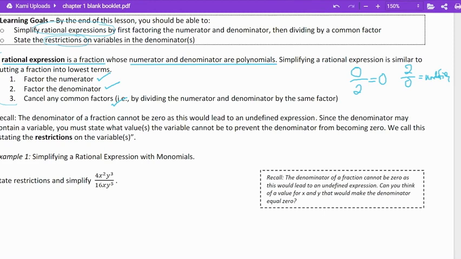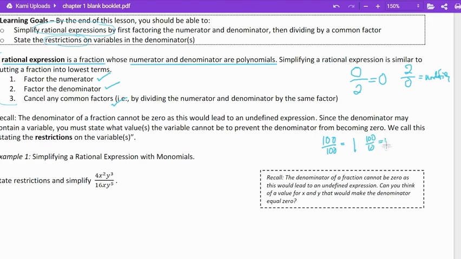It means that the number is so ginormous that we don't have a word to explain it. So the smaller the number in the denominator, the bigger the value. Watch this. 100 over 100. What's that equal to? 1. 100 over 10.